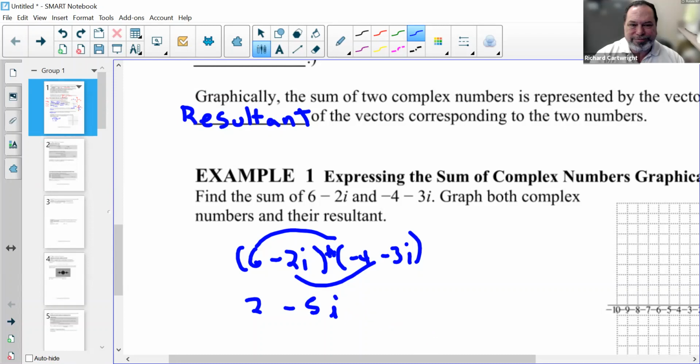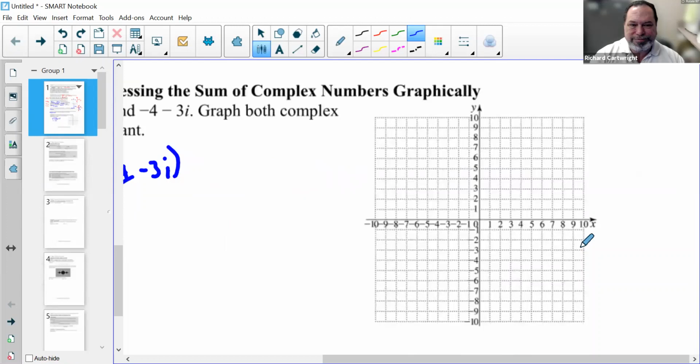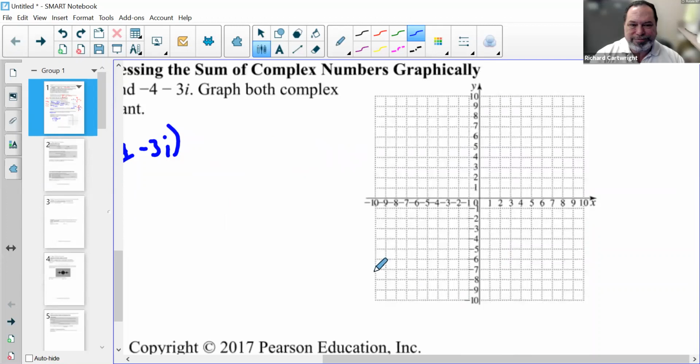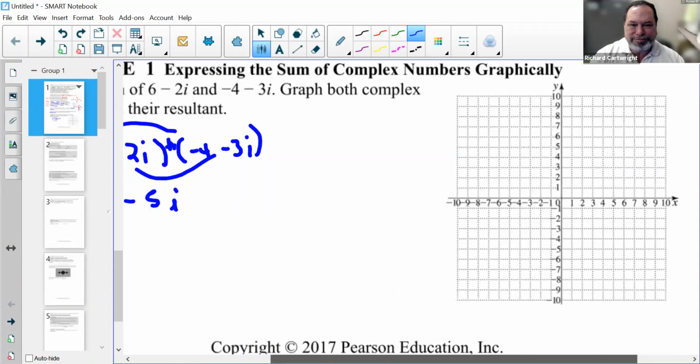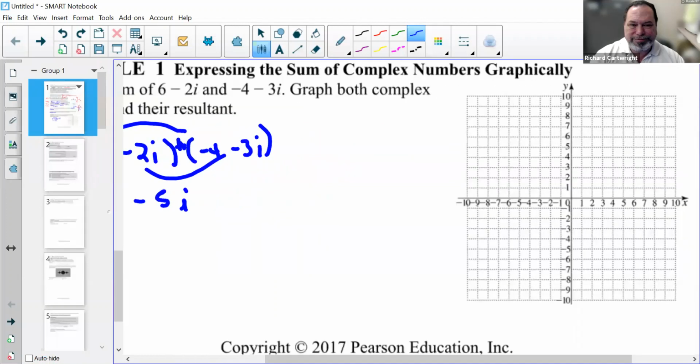But if I go to the graph and I treat them as vectors, what was my first vector? It was 6 minus 2i. And so we're going to write that down again, closer over here.